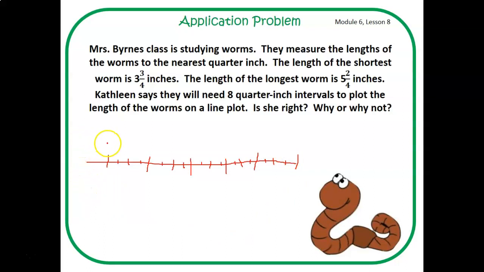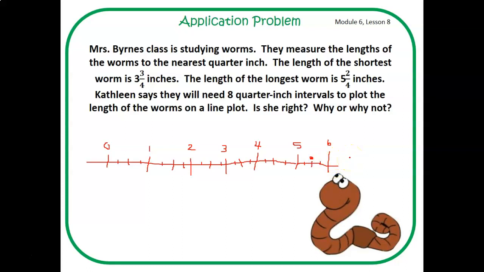Okay, so this one is going to be 0, 1, 2, 3, 4. I need to make it longer because the longest one, goodness, look at that line. What a mess. It's going to be 6. We'll do our half and then our little quarters. Okay, because our longest one is 5 2/4 or 5 1/2. So our longest one is going to come right here.